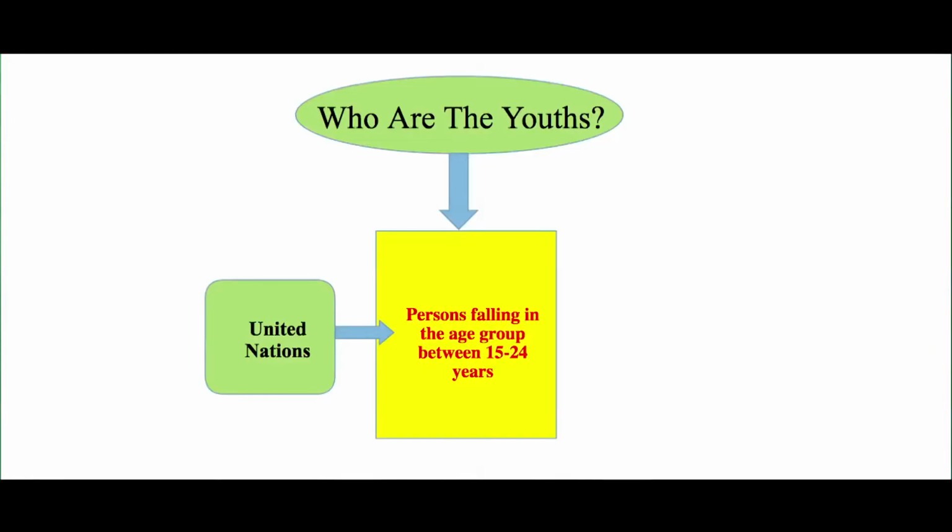There has been no unanimous or universally agreed definition of youth. The United Nations defines youth as those persons falling between the age group of 15 to 24. The United Nations Secretariat uses the term youth interchangeably to mean people belonging to the age group between 15 to 24, with an understanding that the member states of the United Nations and other entities have different definitions of their own.